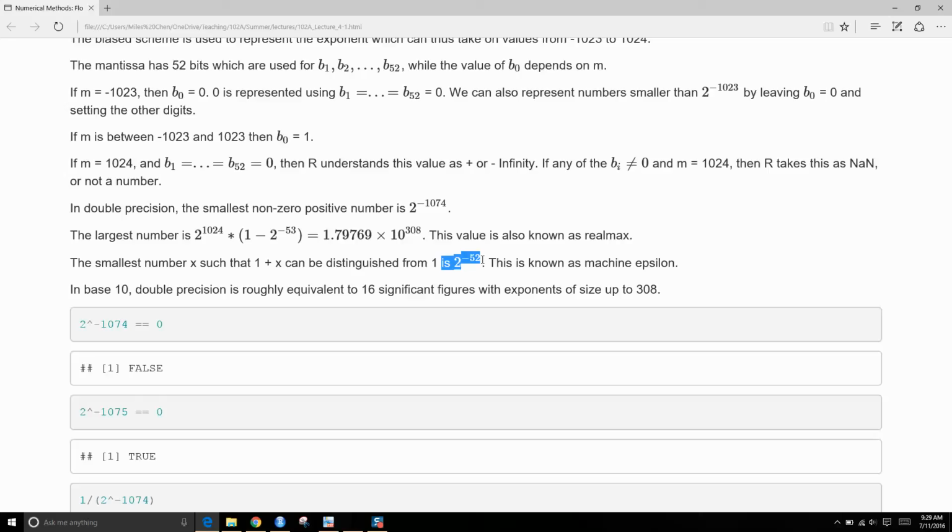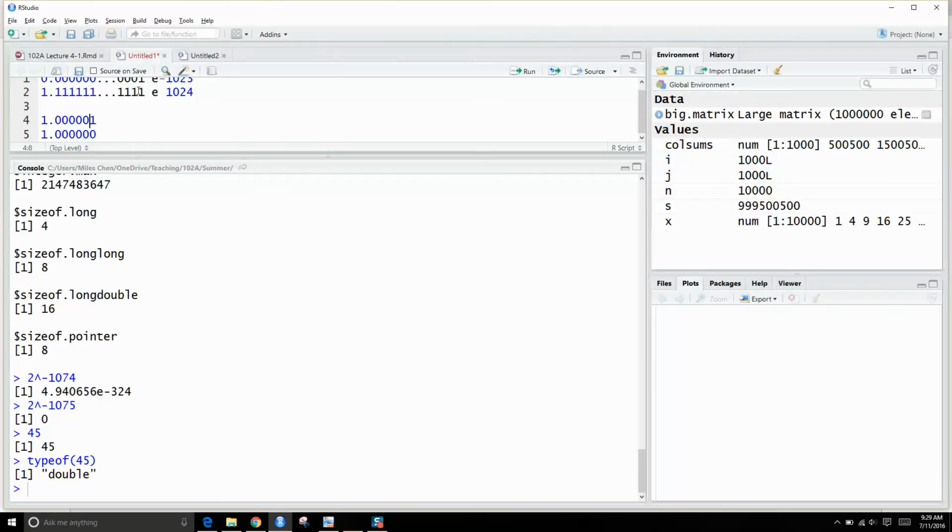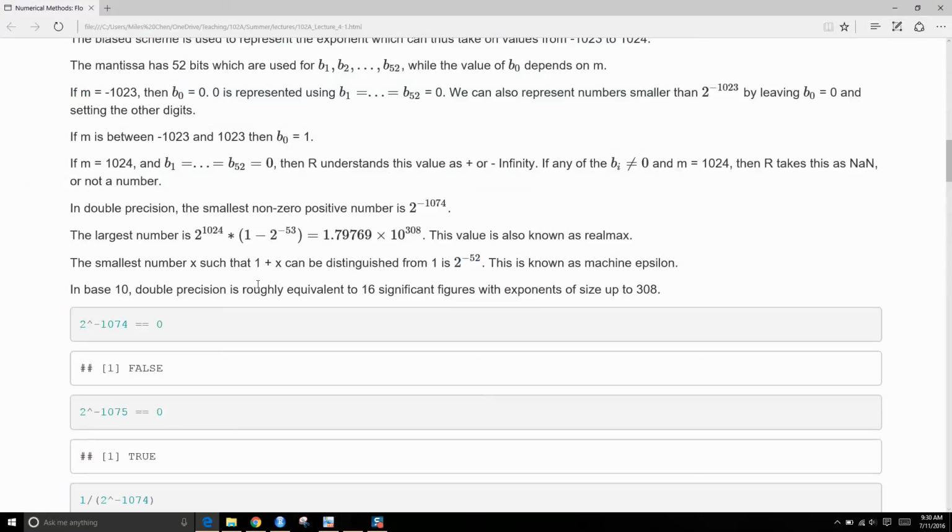Basically, we can distinguish when the mantissa changes from 1 to 0 here, at the 52nd place. So while I can express really tiny numbers, basically my double min, as far as distinguishing one number from another, the smallest I can get is 52 bits out from the binary place that separates it out. Okay, and so that's machine epsilon.